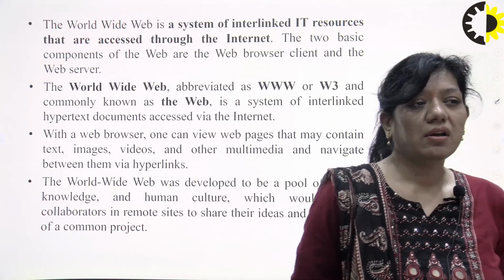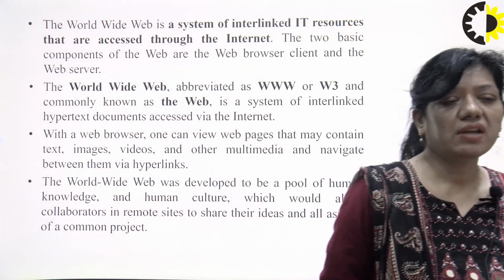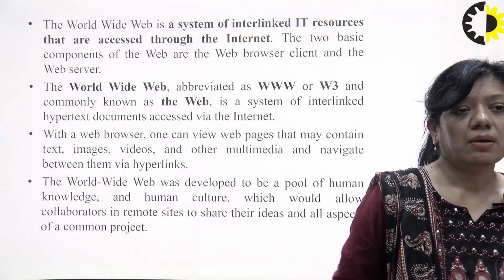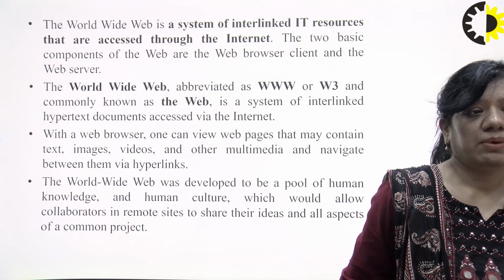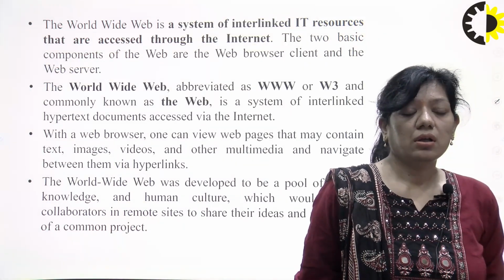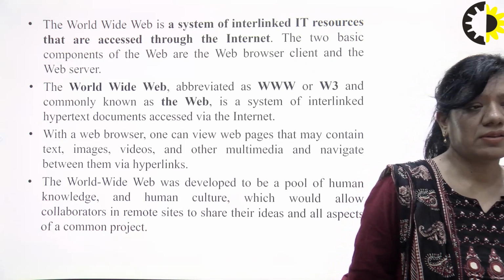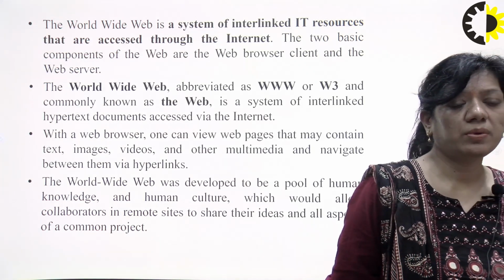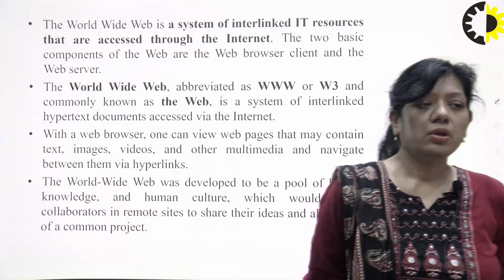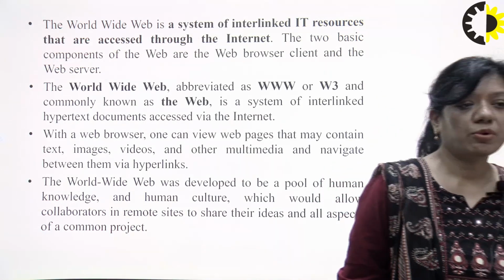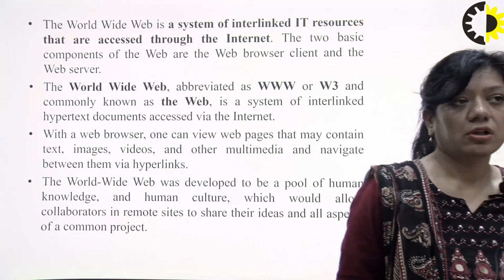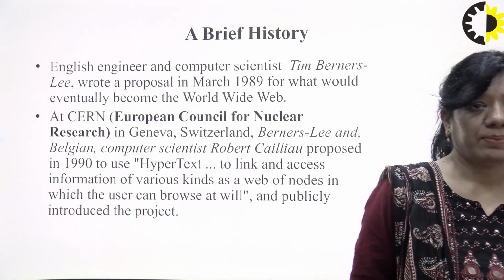With the help of a web browser, one can view web pages that may contain text, images, videos, and other multimedia, and navigate between them via hyperlinks. The World Wide Web was developed to be a pool of human knowledge and human culture, which would allow collaborators in remote sites to share their ideas and all aspects of a common project. So this is all about web technology.